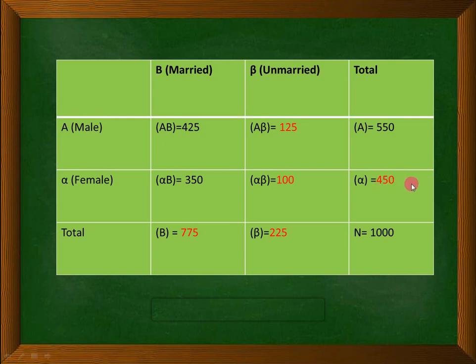This 450 is obtained by subtracting 550 from 1000. 125 is obtained by subtracting 425 from 550. 775 is the addition of 425 plus 350. So there are 775 married persons. Therefore, subtracting 775 from 1000, we get total number of unmarried persons. This is equal to 225. So this class is total number of unmarried female.